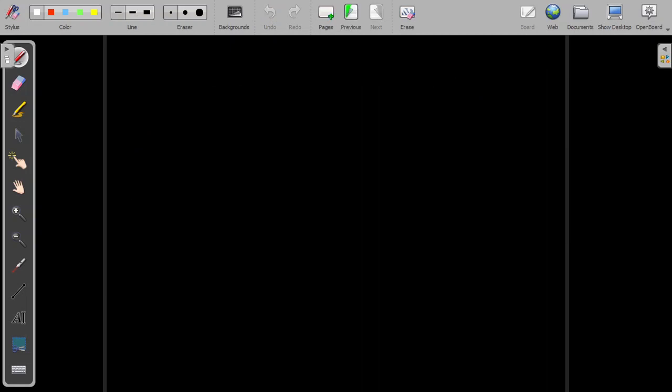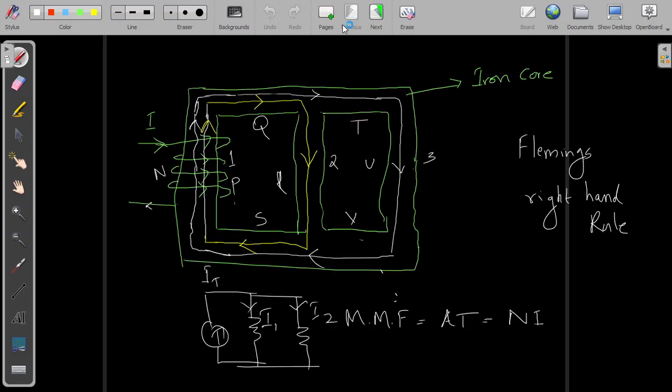One path is P, Q, R, S, like this, P to Q, then R, S, and coming back to P.